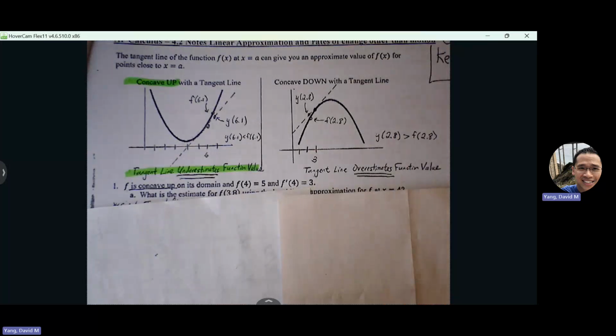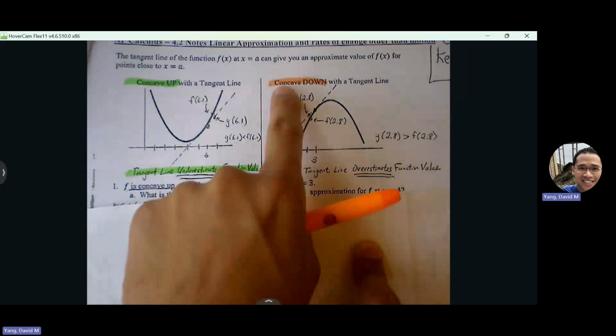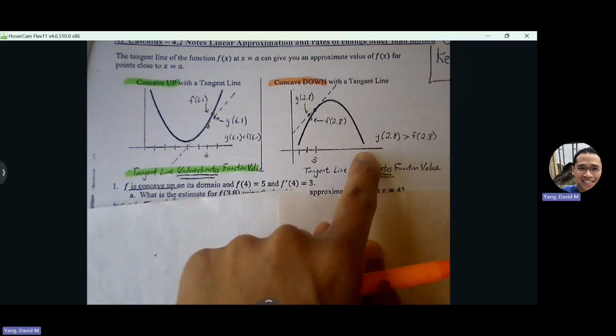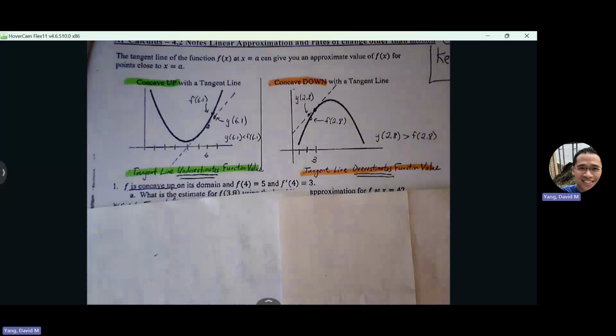If I have a graph that's concave down, then any tangent line that skims the surface of that concave down graph is always going to sit above. So therefore, your tangent line is going to overestimate the actual point on the curve. All right, does that make sense? So no need to memorize. If you just draw a parabola opening up or down, you can visually see whether your line is sitting above the graph or is it sitting below the curve.